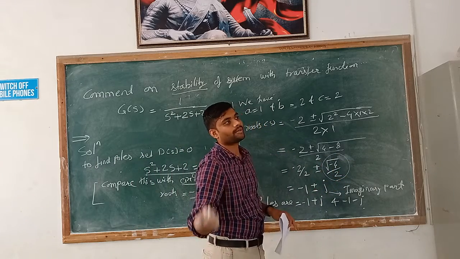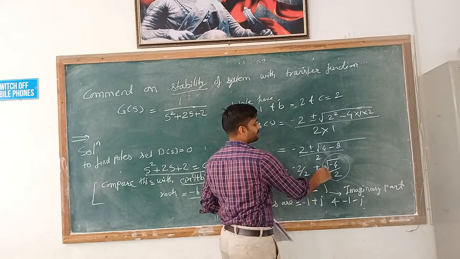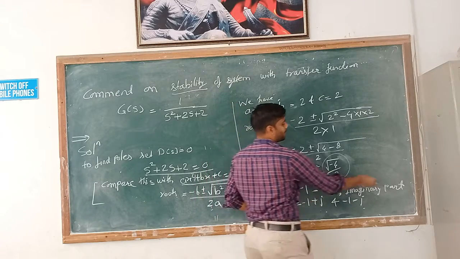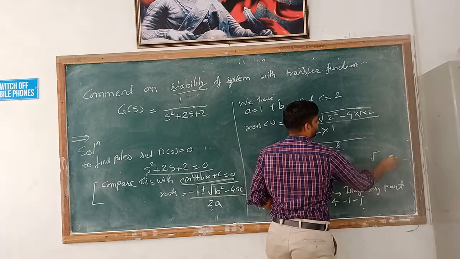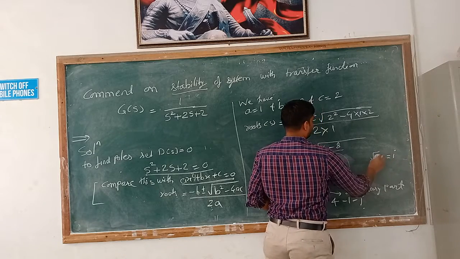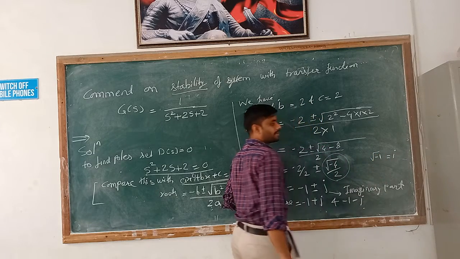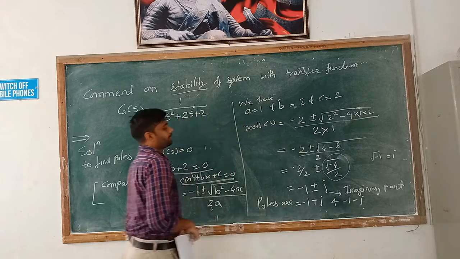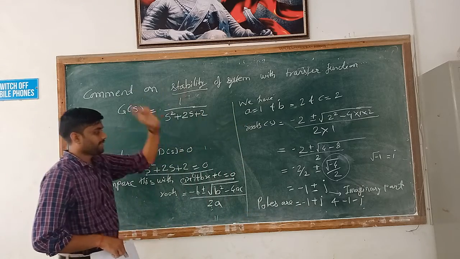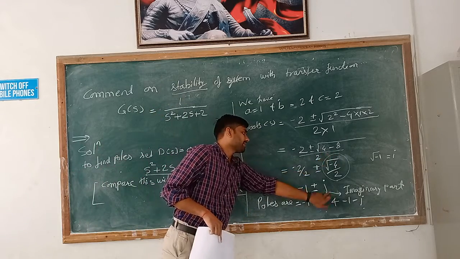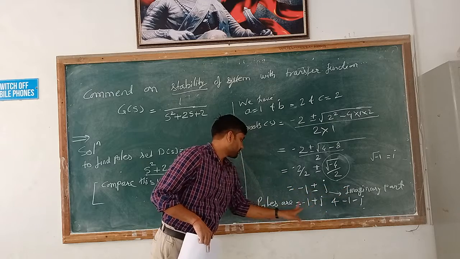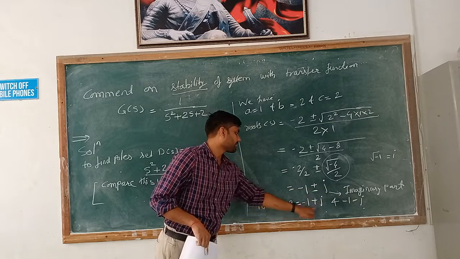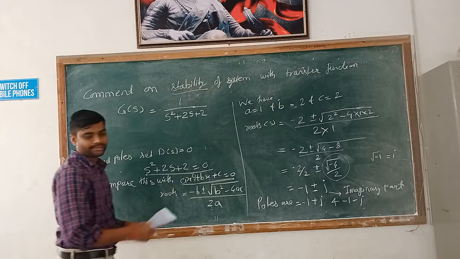If they told us to find the poles only, then at that time we are going to solve this value by taking this function i, which is imaginary value, which is equals to root of minus 1. Okay. But here we are only considering the whole term as an imaginary part j. So the poles are -1 plus j and -1 minus j.